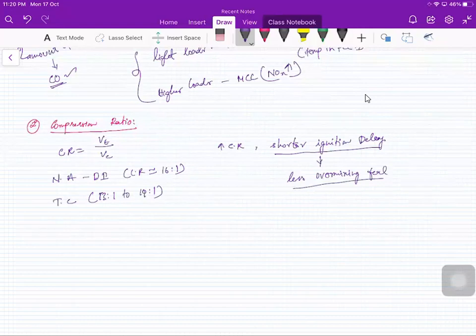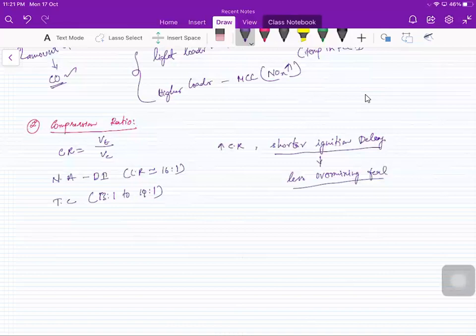Already we have seen in the diesel engine what is meant by under mixing and over mixing. So if the mixing happens beyond a proper mixture, that is beyond the stoichiometric ratio, you can get the over mixing.